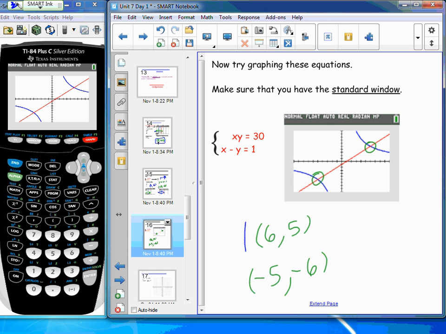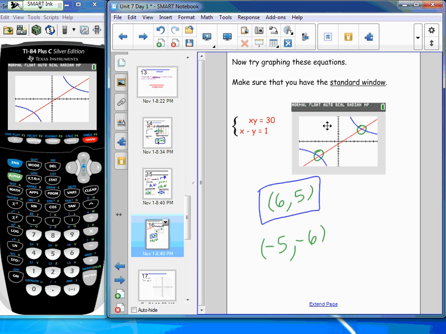Yes, and so this first one's good. Let's take a look at the second one. Does -5 times -6 equal 30? Yes. And does -5 minus a -6, that would be -5 plus a 6, equal 1? Yes, and so we found both solutions. Way to go. Nice work. Great job, you guys.